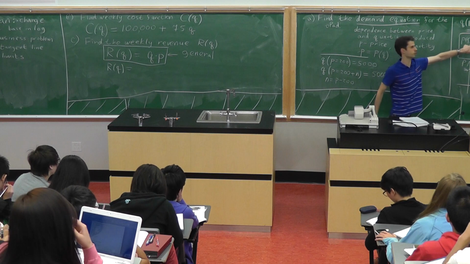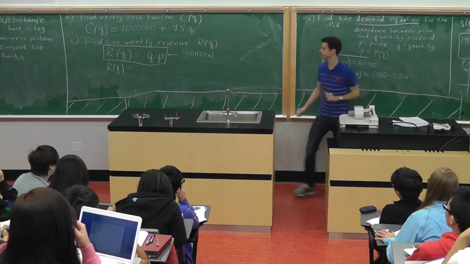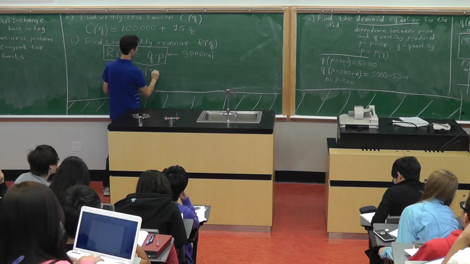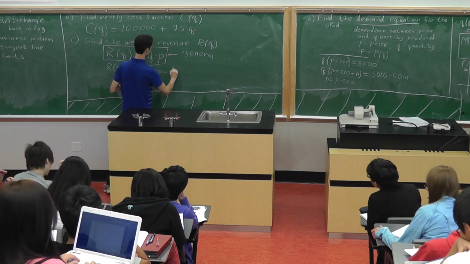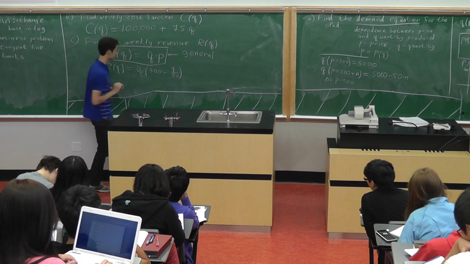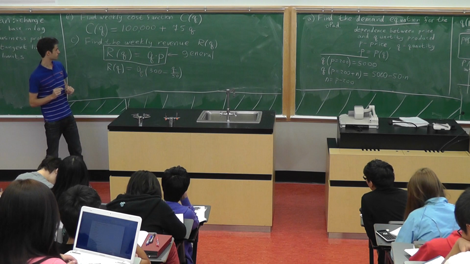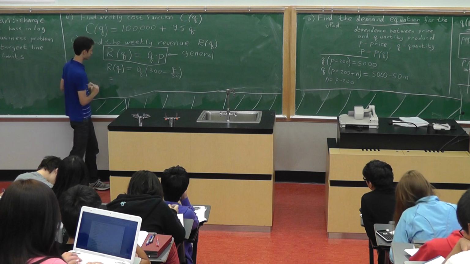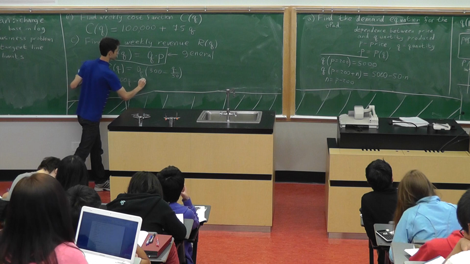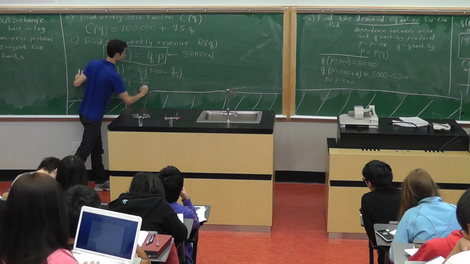My price depends on the quantity in this particular way. Q times (300 minus Q divided by 50). And let me rewrite it as 300Q minus Q squared over 50.